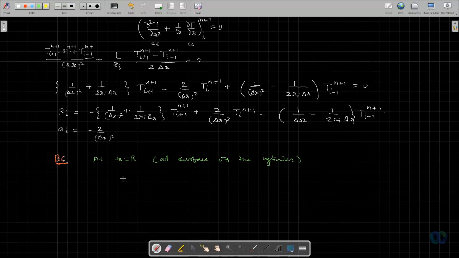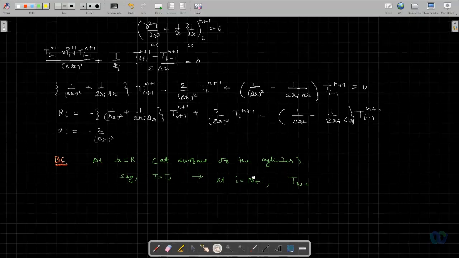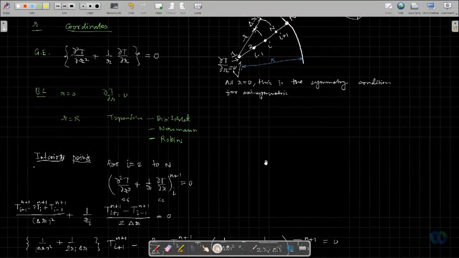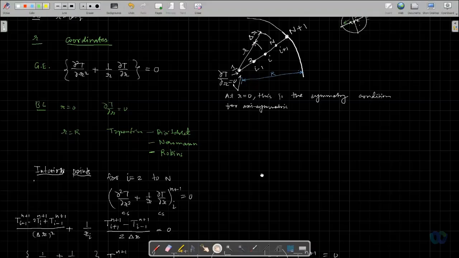Say we have T equal to T naught specified. So this boundary condition will become, at i equal to n plus 1, T n plus 1. We took the index as n plus 1 to n.